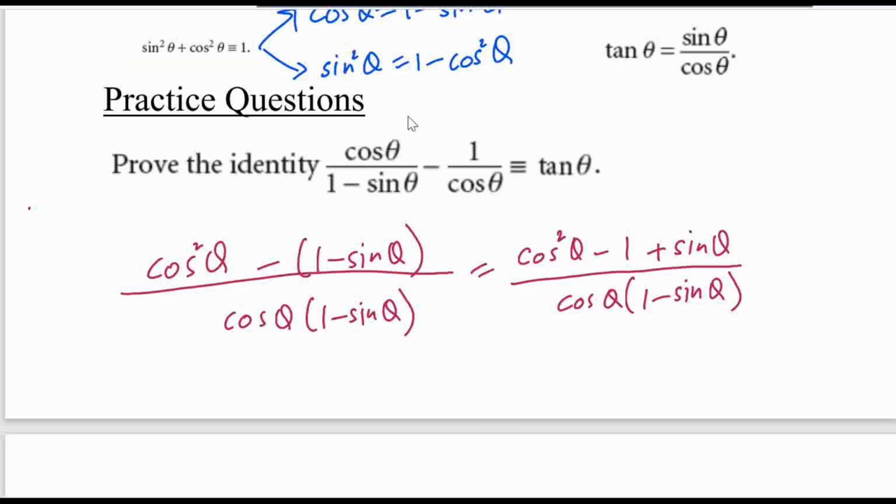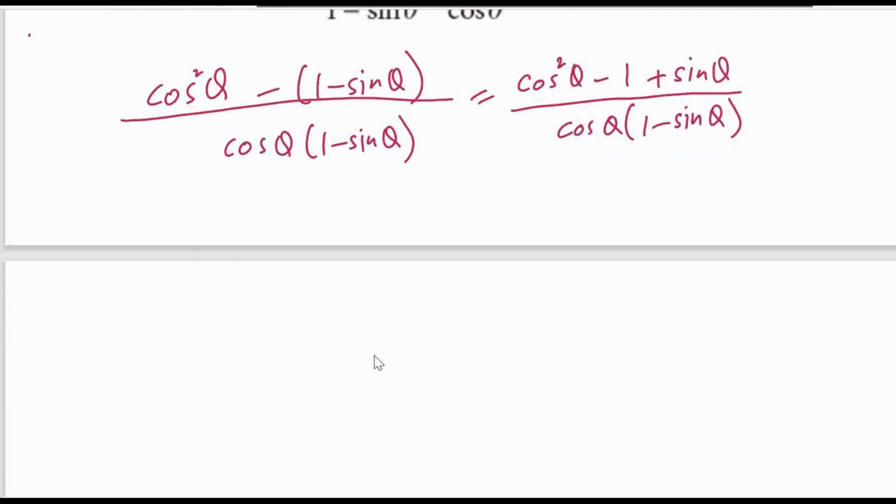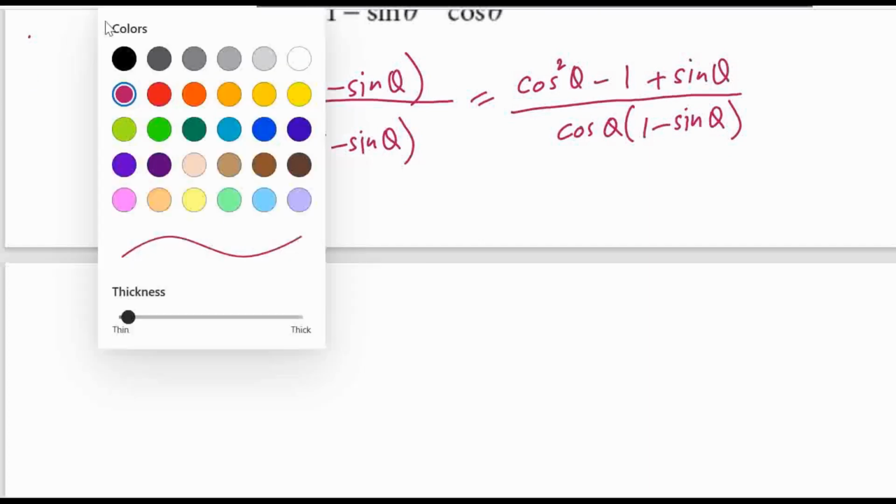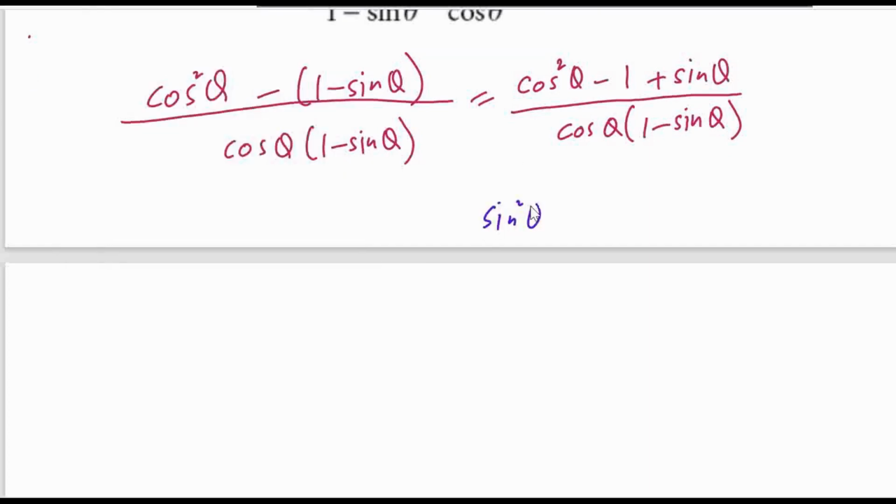Now here again we can write this, because we know that sine square theta plus cos square theta is equal to 1. So we can replace this portion, we can replace this one, not this one. We have to remove this one. That is why we can replace 1 with sine square theta plus cos square theta.